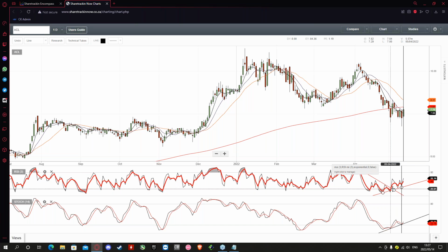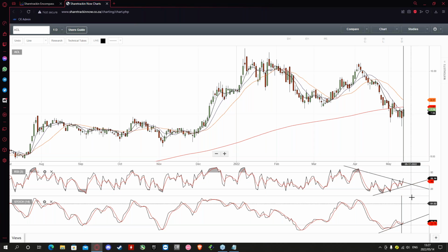We don't want to go back into the past. So I'm going to take it from the highest point since the share has fallen up until the 2 latest, recent highest points, and that would count as a cone formation. So you'll see that you've got this line going down with another line going up, having a cone formation pointing towards the RSI. You can have the same thing on the stochastic.